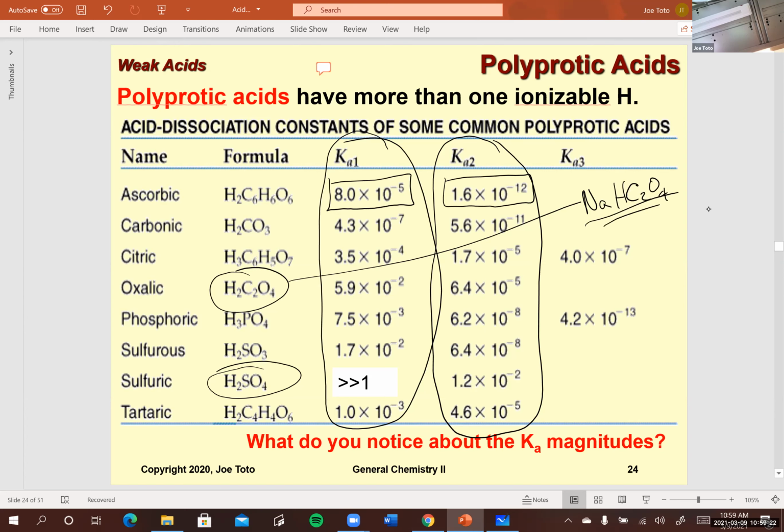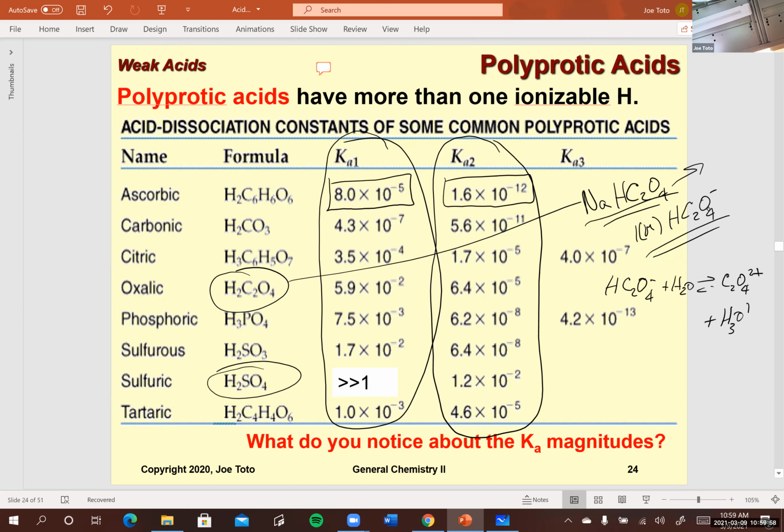Then you know from solubility rules that you'd have 1 molar HC2O4 minus, and that's going to react with water, and it can react as an acid and form C2O4 2 minus plus H3O plus.